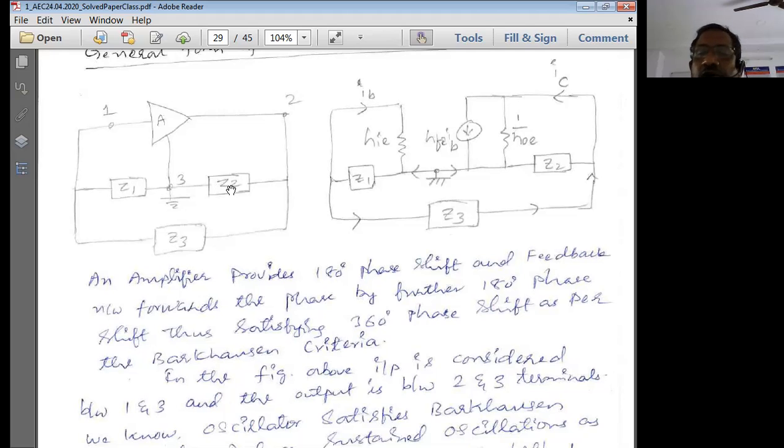Otherwise, if Z2 is an inductor, Z1 should be an inductor. If Z2 is a capacitor, Z1 should be a capacitor. And if Z1 and Z2 are capacitors, compulsorily Z3 should be the opposite, an inductor. Reverse of that, if Z1 and Z2 are inductors, then Z3 should be a capacitor. So like that, these feedback elements get connected in the LC oscillator circuit.